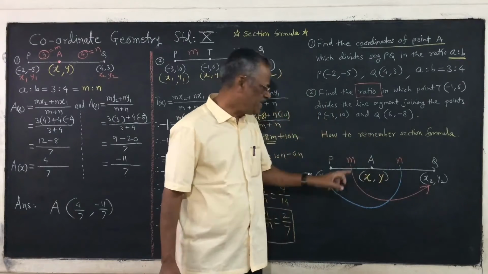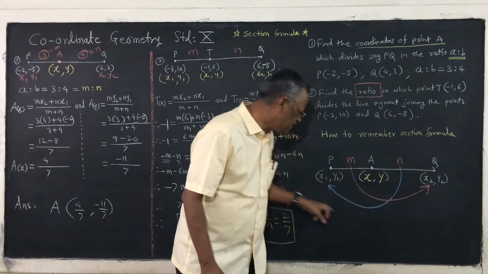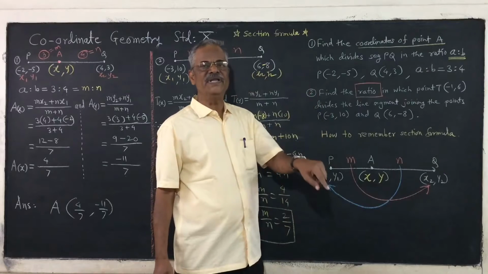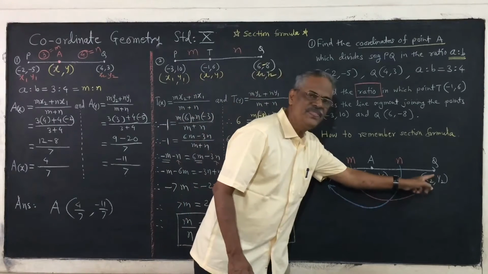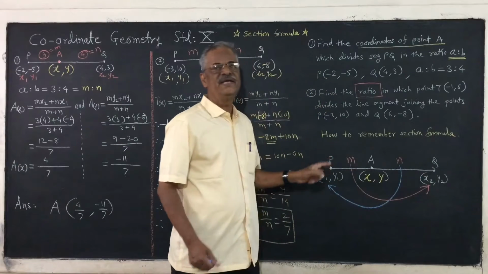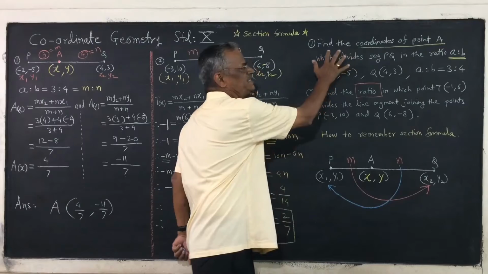Try to remember that mx2 plus nx1 divided by m plus n, and the other y coordinate, my2 plus ny1 divided by m plus n. So let us solve the first example.